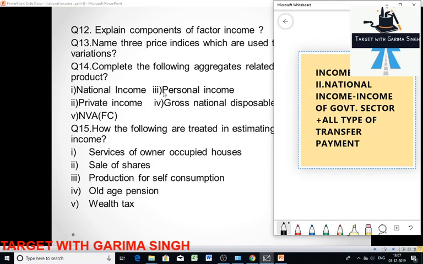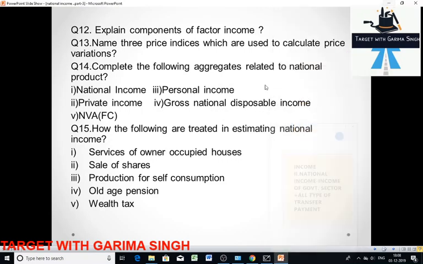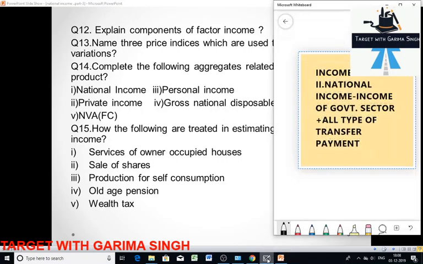Third is personal income. How do we get personal income? When corporate tax as well as undistributed profit is deducted from private income, then we get personal income. Fourth is gross national disposable income. How do we get it?